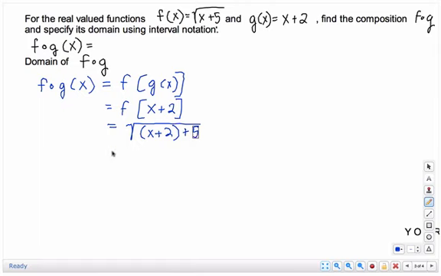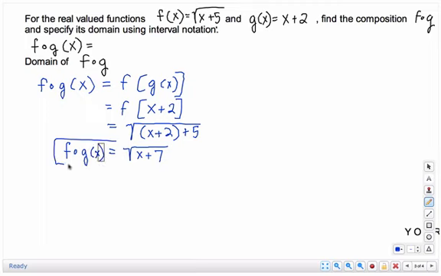Now you can see you can simplify the 2 and 5, right? The parentheses aren't denoting any kind of operation, so I can get rid of them if I want. So this is just going to be the square root of x plus 7. Okay? And that's what f composited with g of x equals.